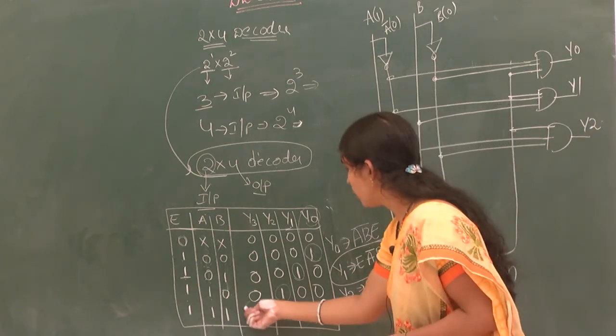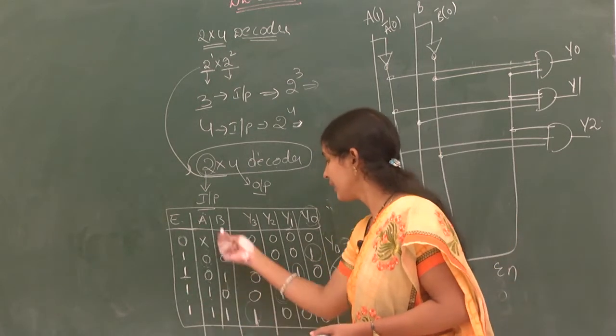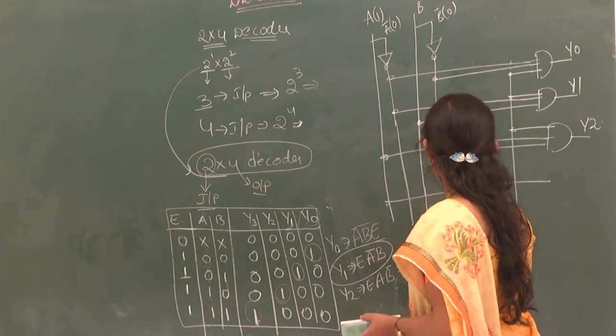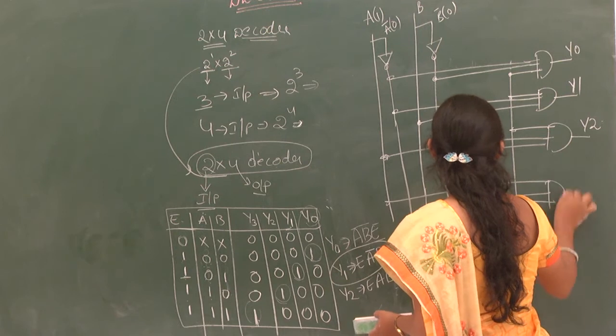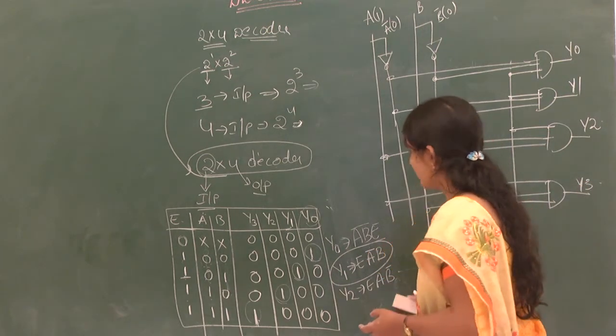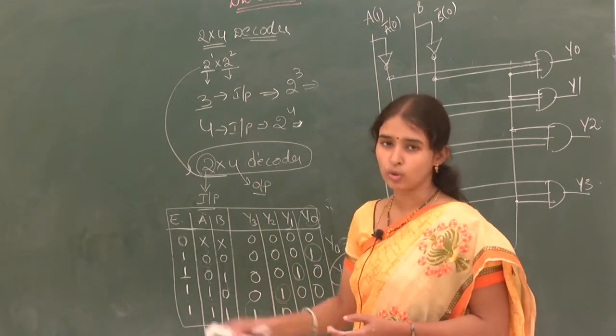At the same time, Y3 is high when E, A and B are ones. E, A, B, this is your Y3. This is your circuit diagram for a 2 to 4 decoder.